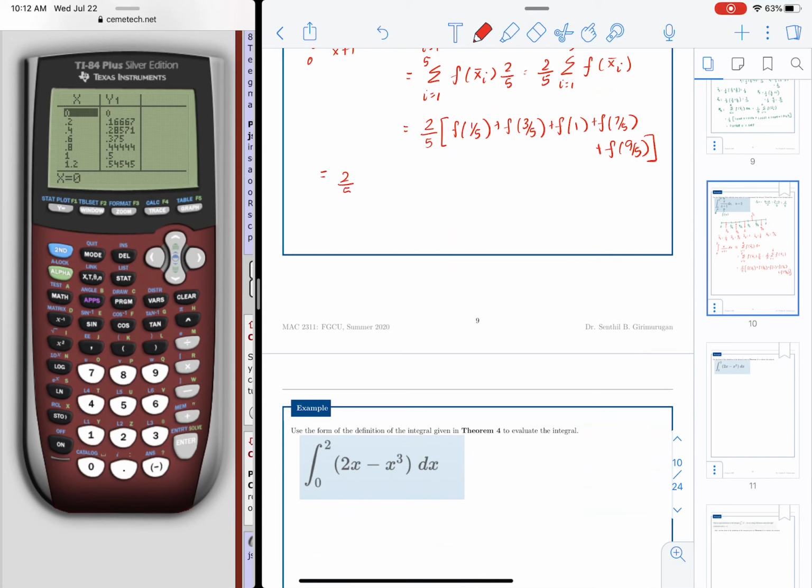So 2 over 5, f of 1 over 5 is 0.16667. f of 3 over 5 is 0.375. f of 1 is 0.5. f of 7 over 5 is 0.58333, and f of 9 over 5 is 0.64286. Add all the values together.